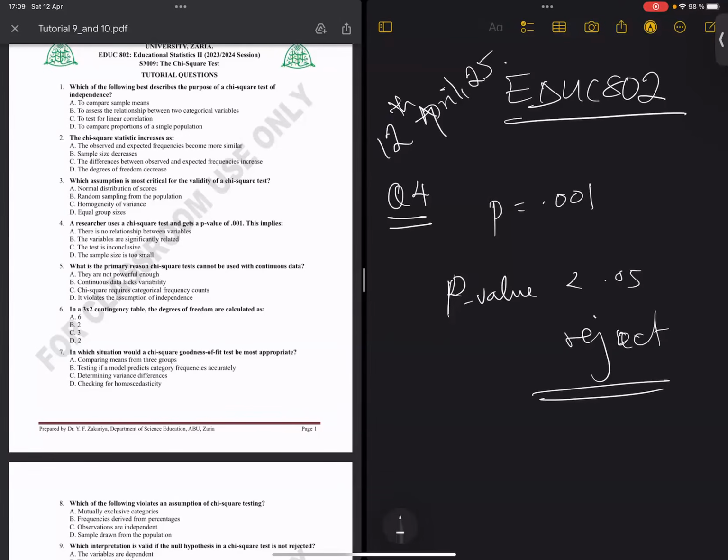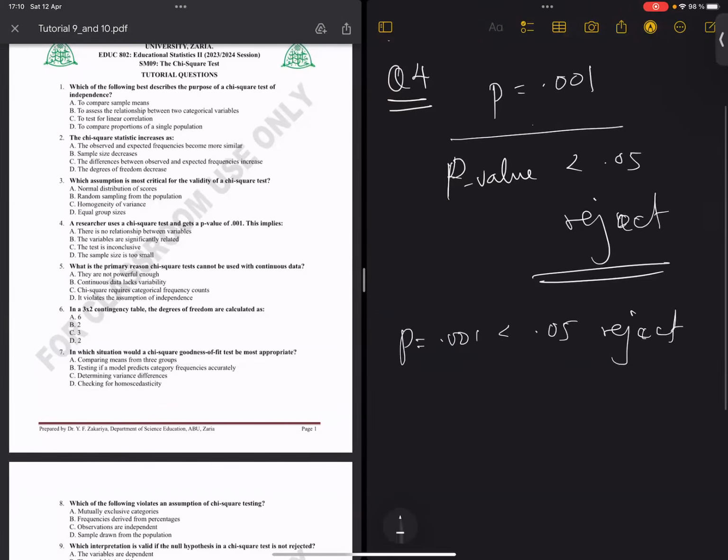And the null hypothesis is there is no significant relationship, or the 2 variables are independent. So in this particular example, the p-value of 0.001 is definitely less than 0.05. So we reject the null hypothesis.